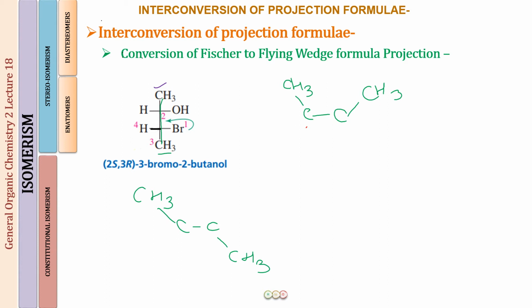So first of all, I make a wedge. Okay, it's not giving a very nice feeling, but I hope you people understand. Fine, so this is the wedge that I have drawn for those groups which are going to be towards me, and now I have to draw the dash for the groups which are going to be away from me.